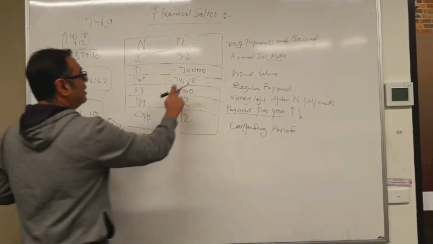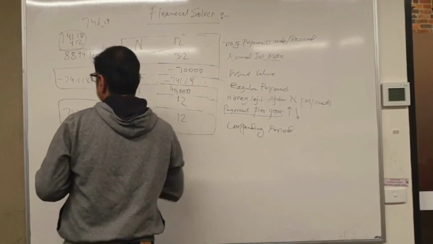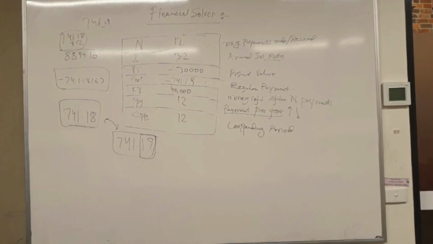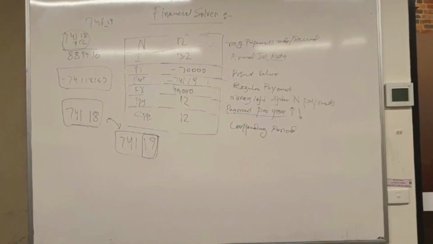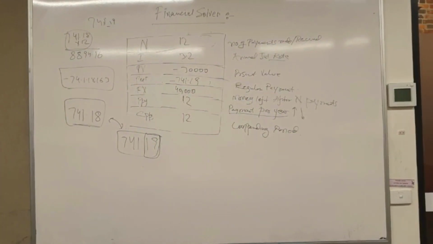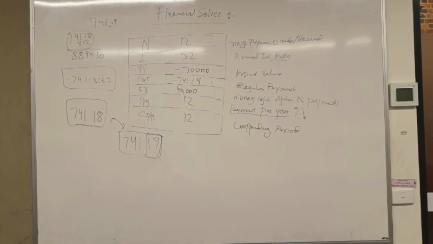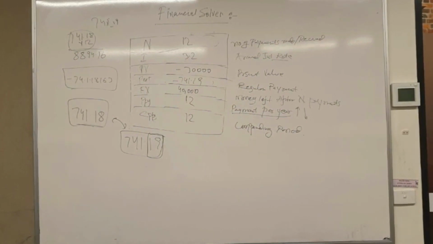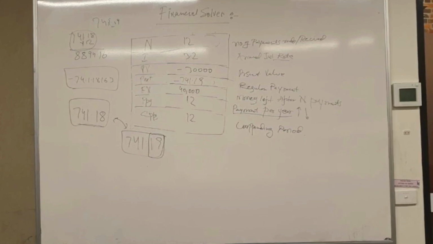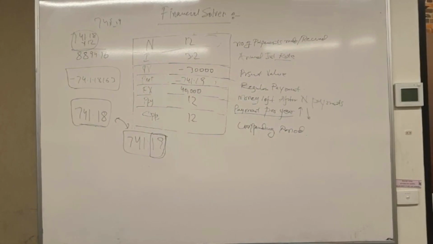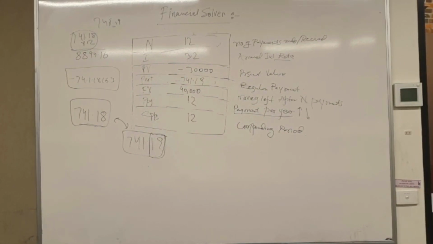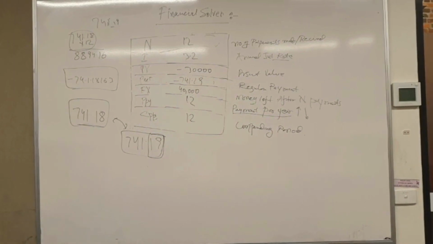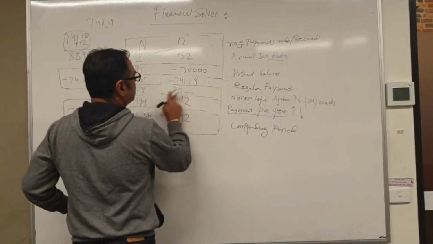And if you say 19, then what do you get? When I did 18, I got 39,000. Exactly, I thought so. When you do 18, you won't get 40,000.